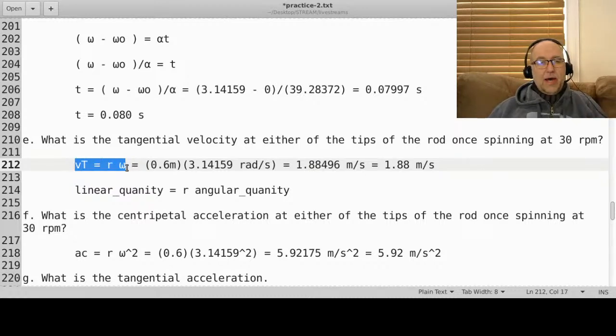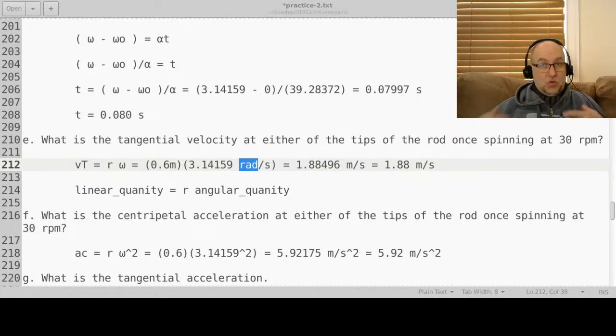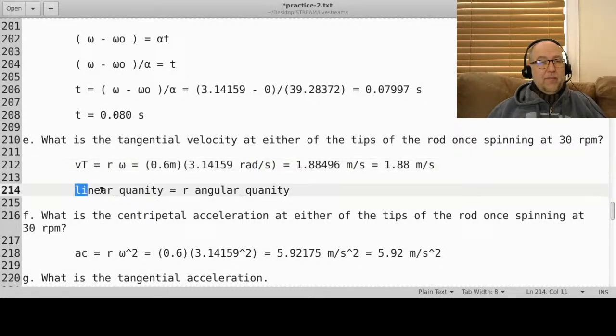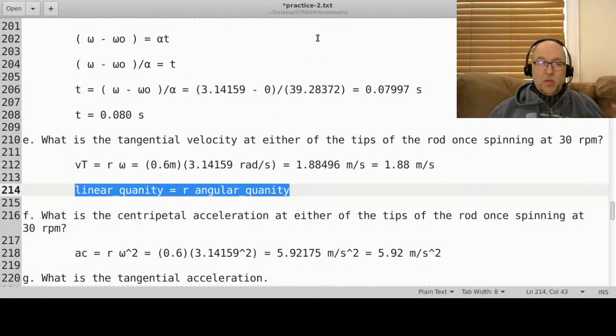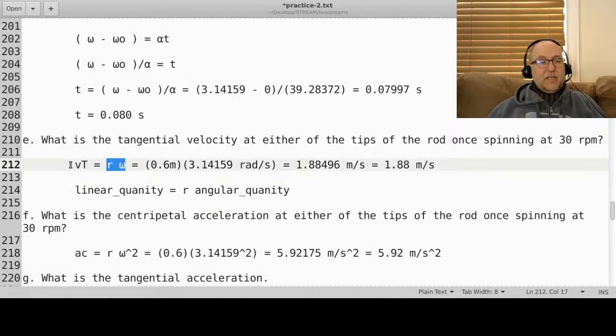So that's why we work in radians per second, and why I'll insert the radians, just to remind us that this is in radians and we can go ahead and use these formulas. The radians are critical for these types of formulas, where they relate the linear and angular quantities. So we have VT is equal to R times omega.